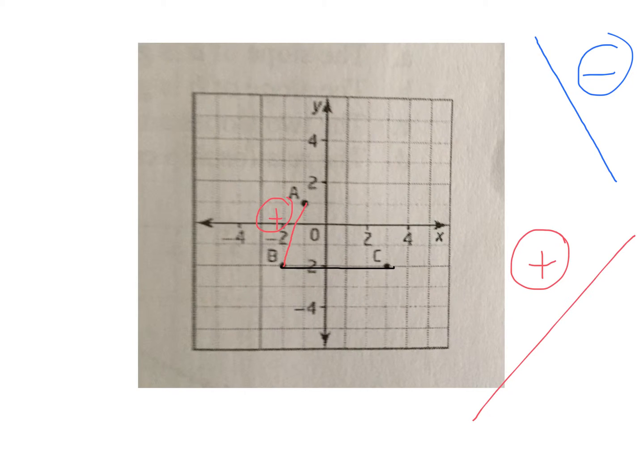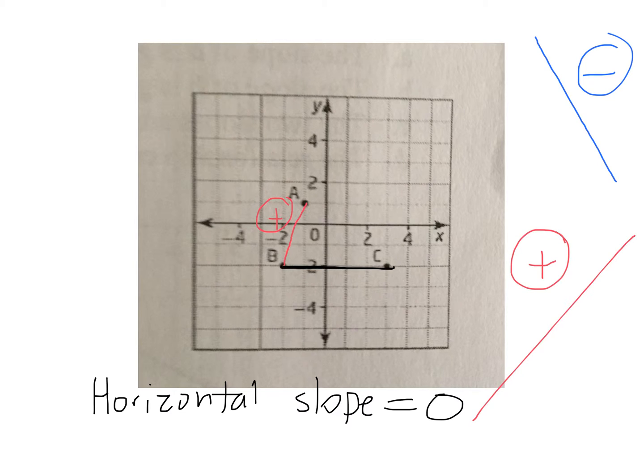Remember we talked about this. If a line is horizontal, copy this down. Horizontal lines have a slope that is equal to 0. Why? It doesn't rise. Good. Slope is equal to rise over run. Does BC have a rise?